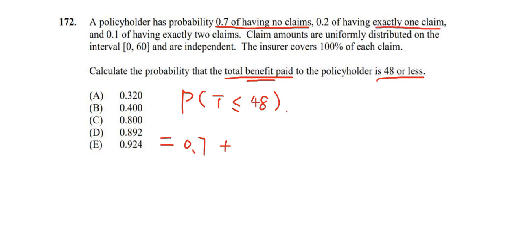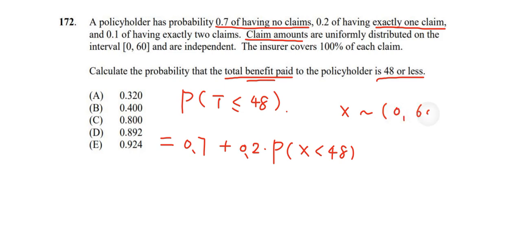So one claim has probability 0.2. So this is the case, and we want to check this case. The claim amount is uniformly distributed. So we say this is x less than 40A, where x is uniform from 0 to 60.